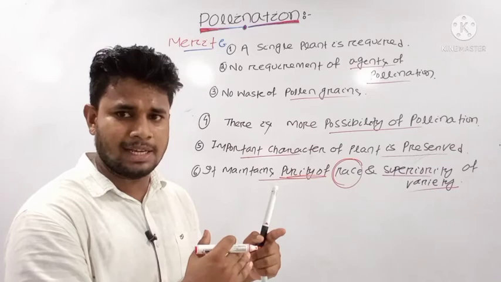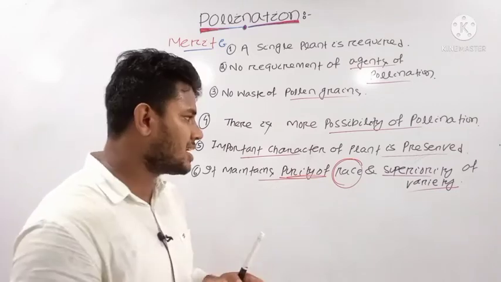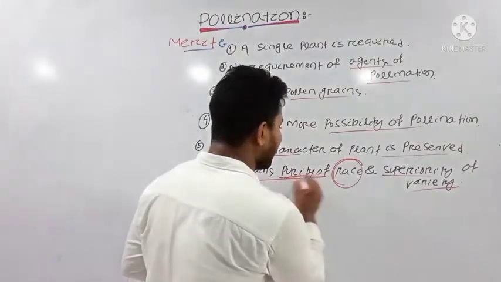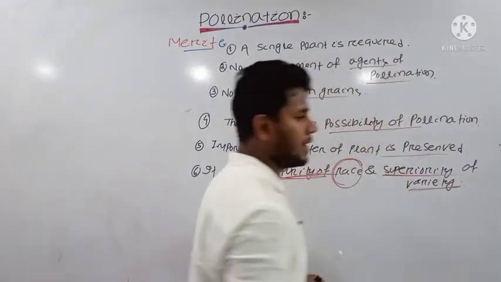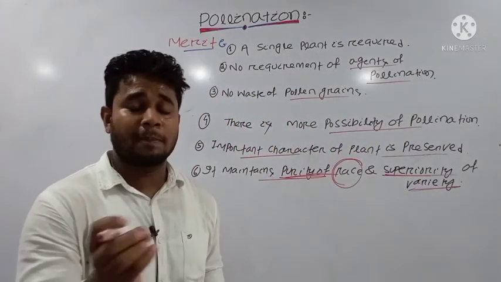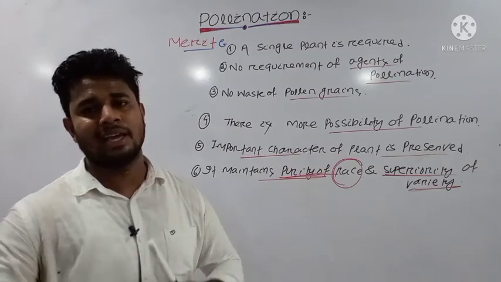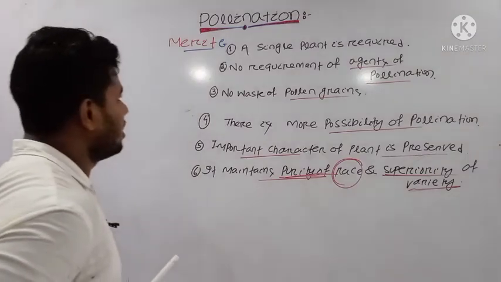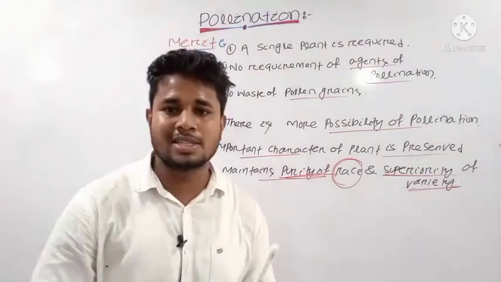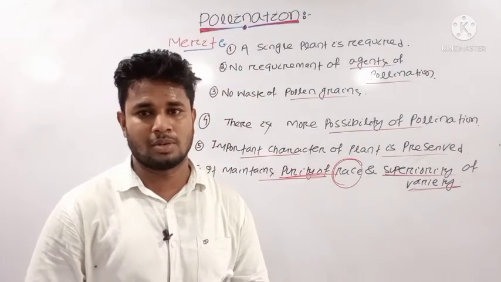Both are the same, clear, not different plants, same plants are involved. That's why it will maintain the purity of the race and the superiority of the variety. Variety, those that are present before, that will come again. Clear? These are some merits of your self pollination. Note down these points, then we will discuss some demerits of your self pollination.